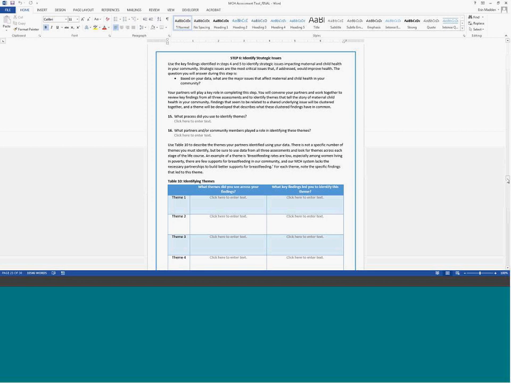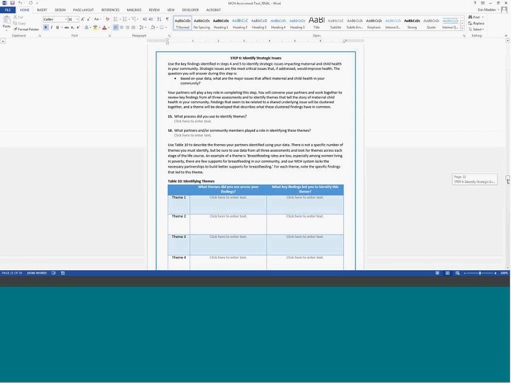So this might be, we met with community partners twice. We reviewed these pieces of data in each of these meetings, and we identified the things that stood out to us. And we'll provide guidance, again, suggestions on how to approach this process. But under question 15, you'll describe how you decided to do it. And under 16, you'll describe the partners or community members that played a role in identifying the themes.